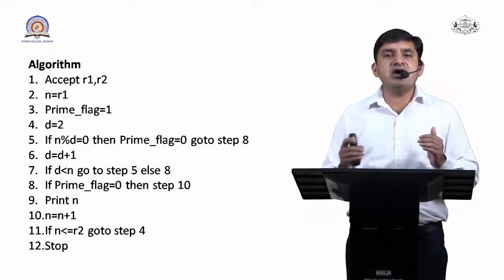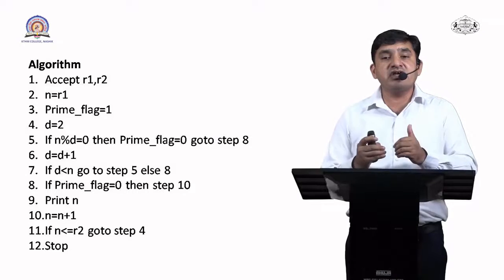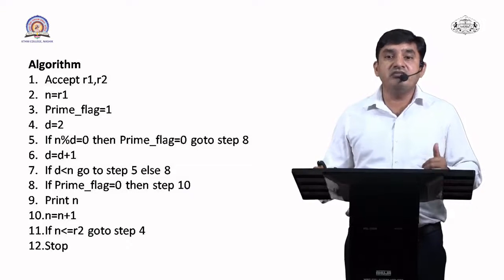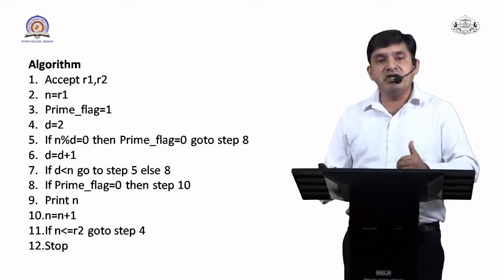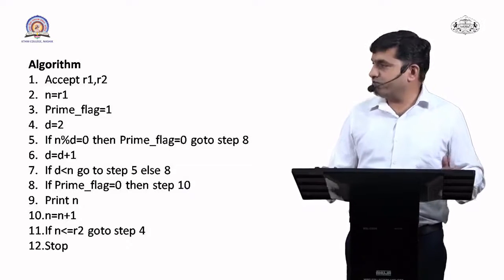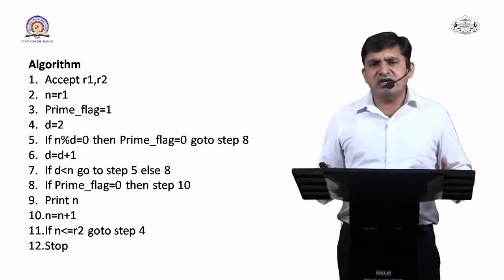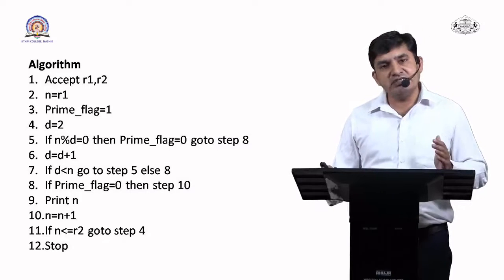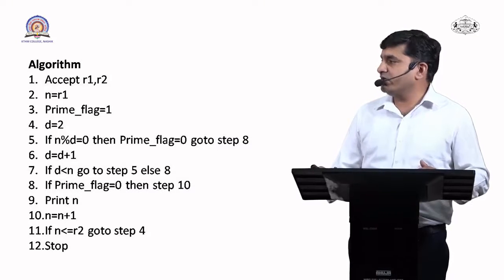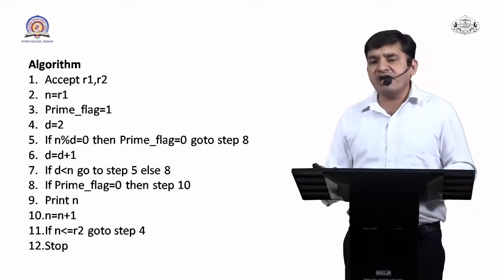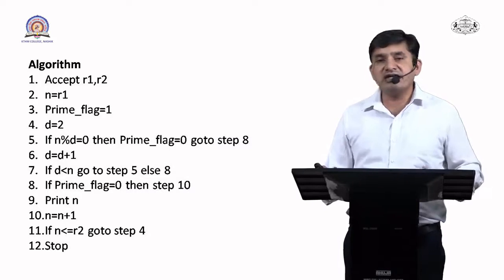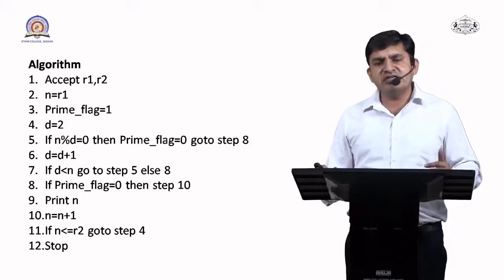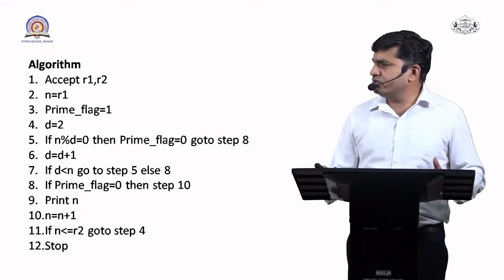In between R1 and R2 there is a range, and we have to find the prime numbers in between R1 and R2. Now consider n is equal to R1, that is the first number. Then the prime flag is considered as 0. Prime flag is equal to 0. Then consider d is equal to 2.